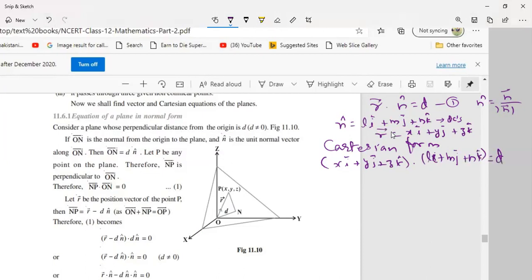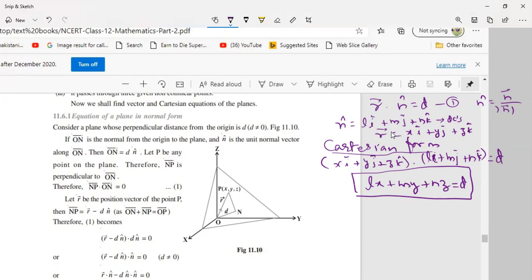So the dot product will become lx plus my plus nz is equal to d, which is the equation of a plane, normal form in Cartesian form. Okay.